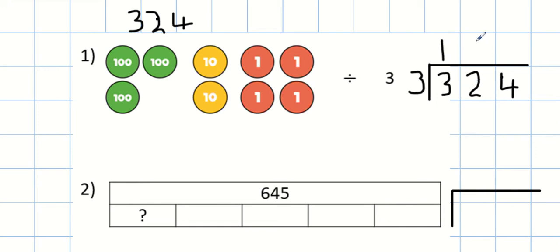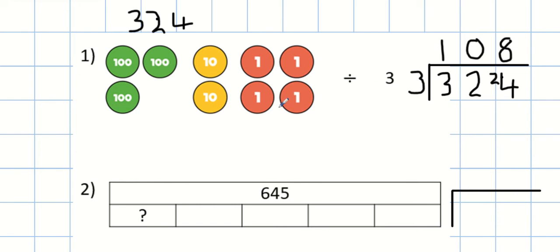Well, that's 0, isn't it? 3 can't fit into 2 because 2's smaller. And then I'm going to carry my 2, or exchange my 2, over next to the 4. So then I'm now asking how many 3s go into 24. And we know that 8 3s go into 24, so your answer will be 108.